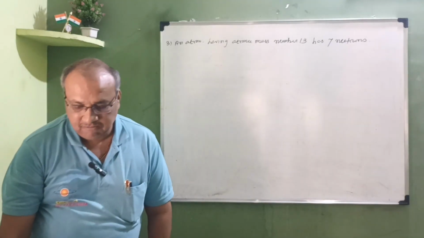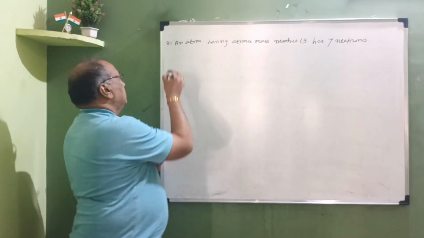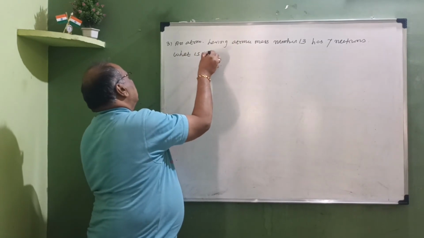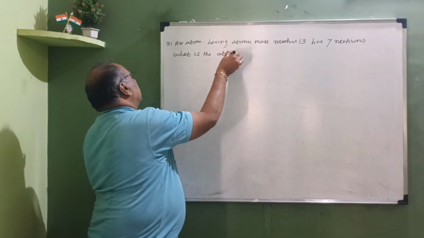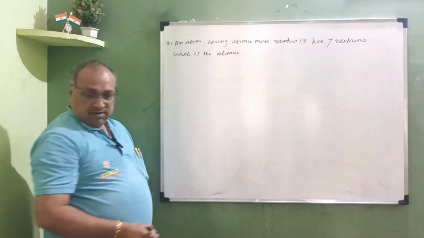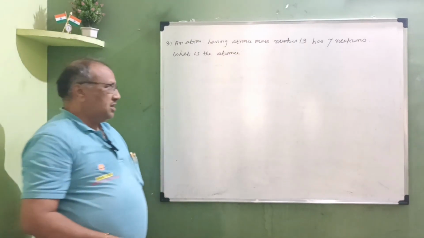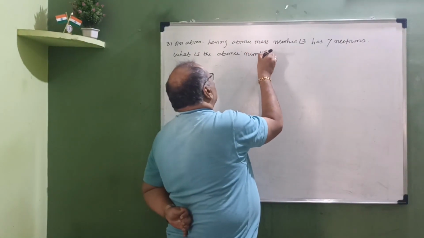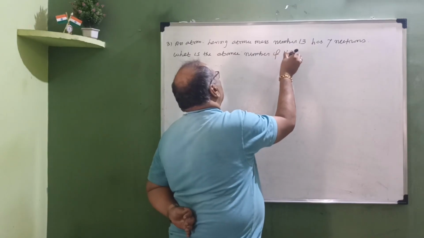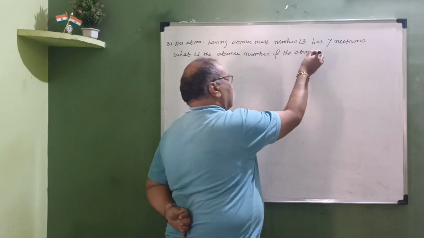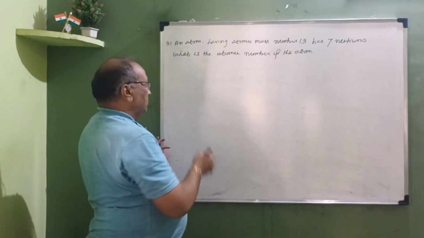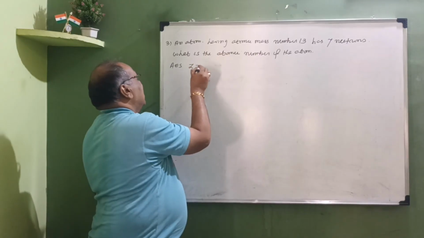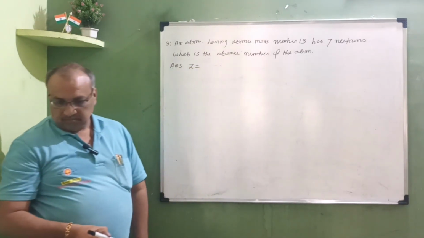What is the atomic number of the atom? Answer: that is Z is equal to 6.